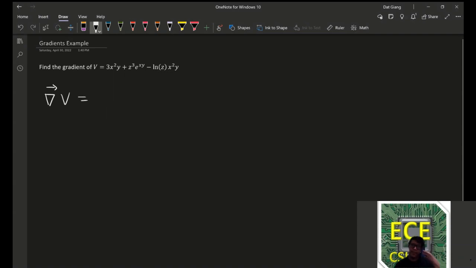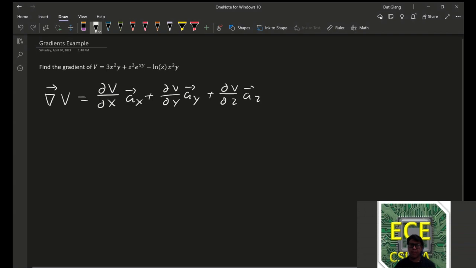Now from the previous video, this was given by the following, like so. So what this allows us to do is to first consider computing the partial derivative in each direction in order to assemble it together to find our gradient. So we'll do that step by step.